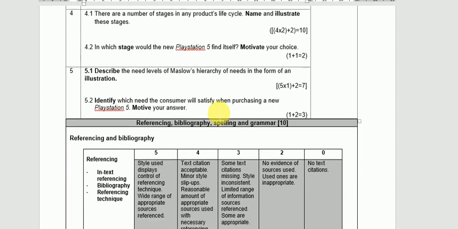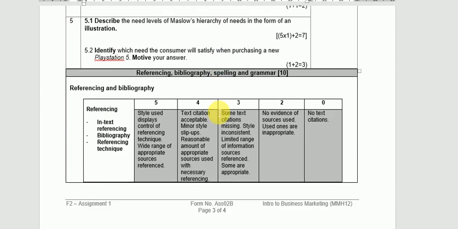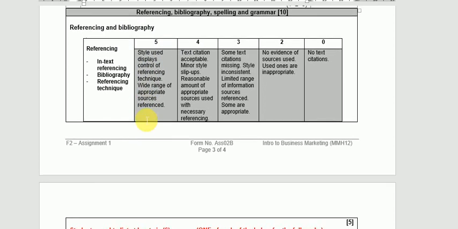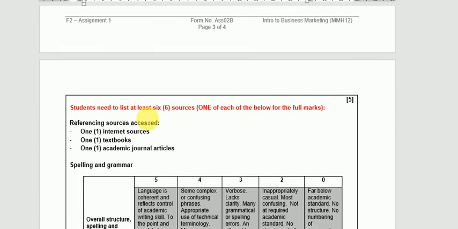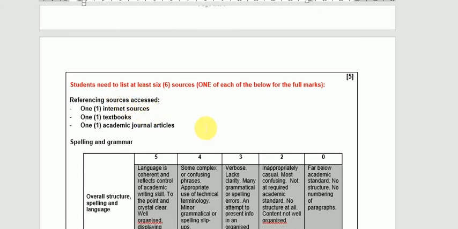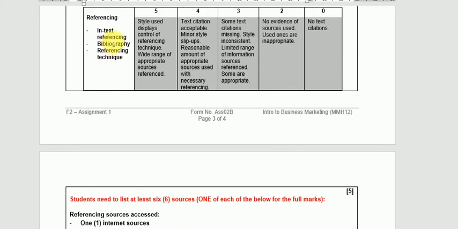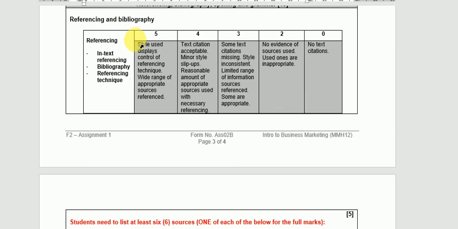Now, to finish off the briefing on your assignment, you'll see that your referencing and your bibliography consists of 5 different marks. There we go, 5. I've encircled it with my cursor. I want you to ensure that at least your referencing is done in the text itself.